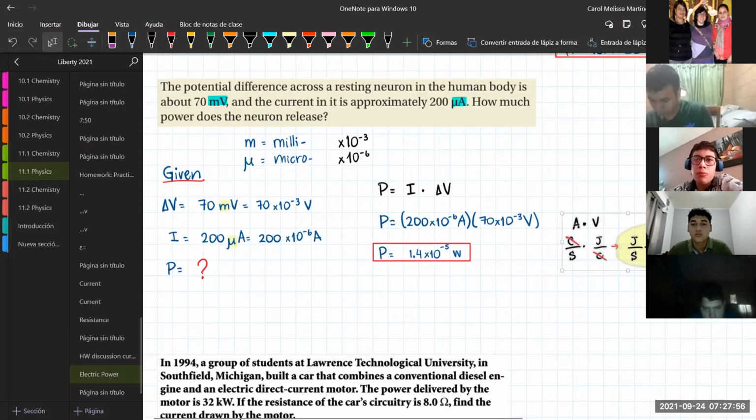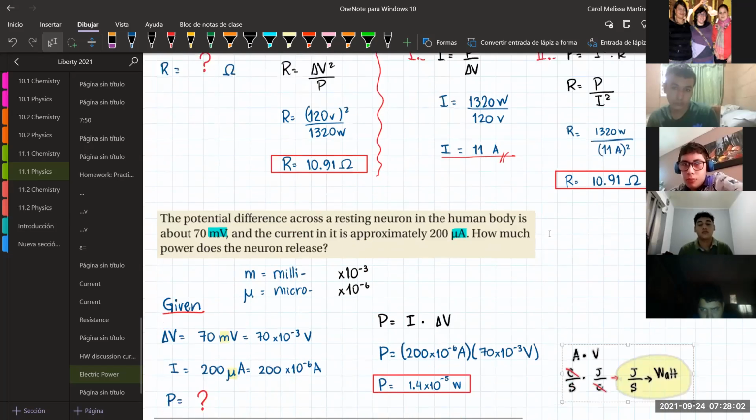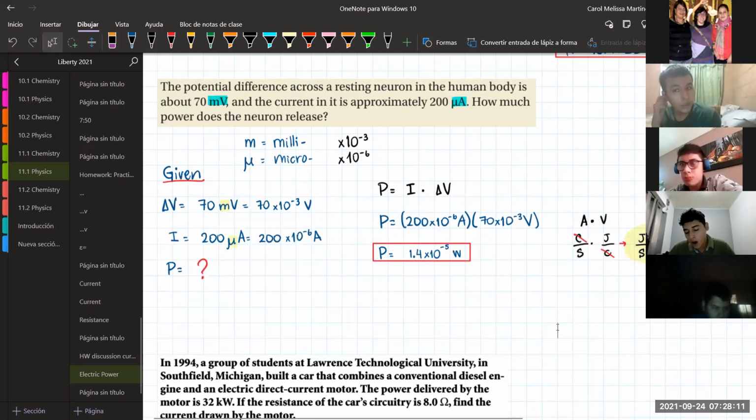I can leave this here or delete it. In this part I deleted because of the space it was taking, but I'm going to leave this here. And that's it. That's the answer, guys. It's not too complex, as you can see.